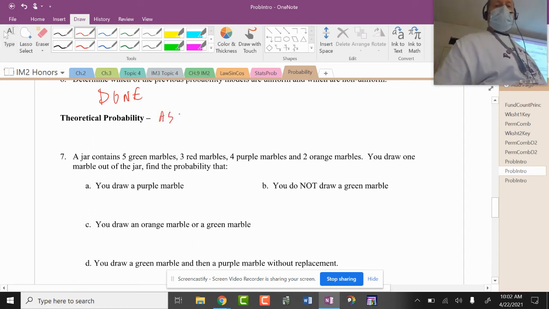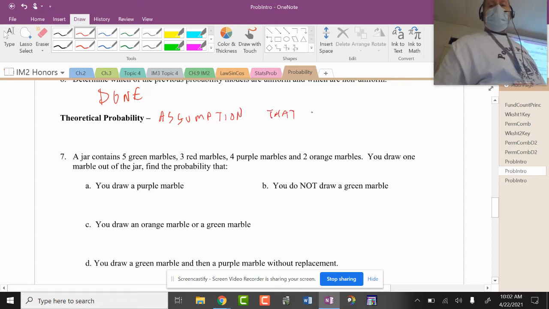So it's an assumption that all outcomes are equally likely to occur.